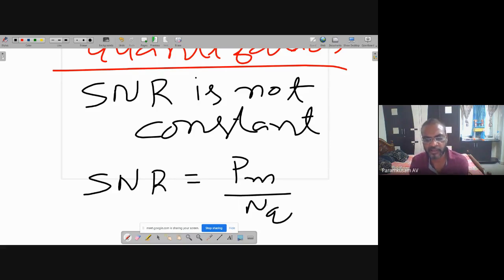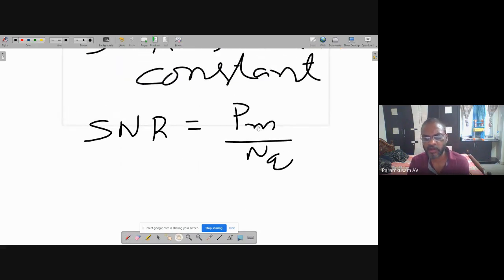MQ represents noise power, quantization noise power. Okay? Signal power by noise power. Finally the equation we get is 3L square PM by MP square. Because MQ is equal to S square by 12, where S is equal to 2MP by L. If you substitute all these like this.